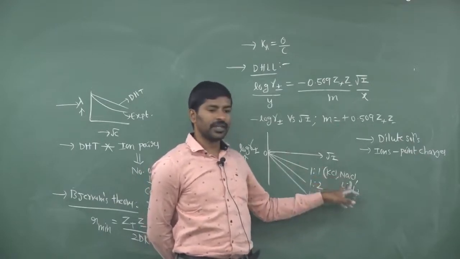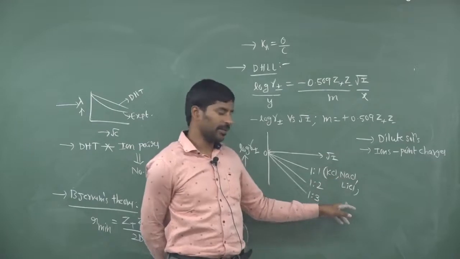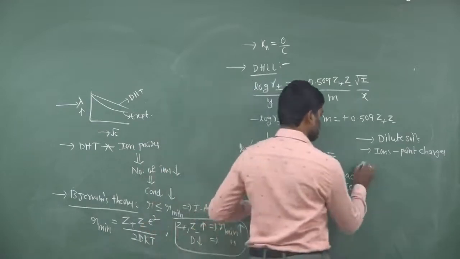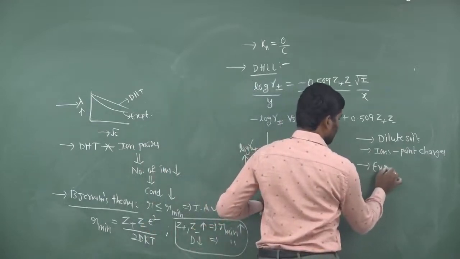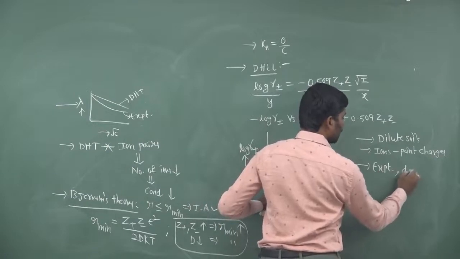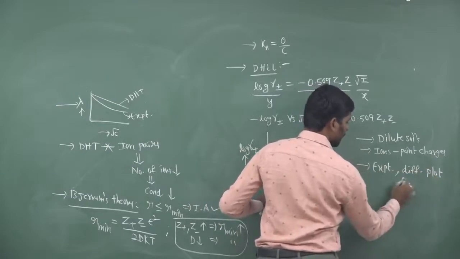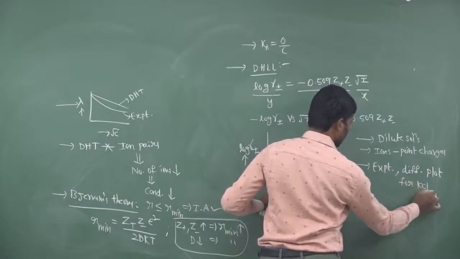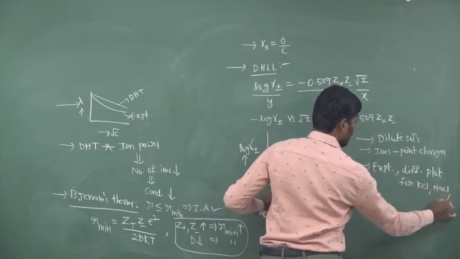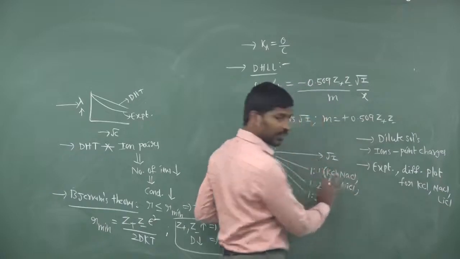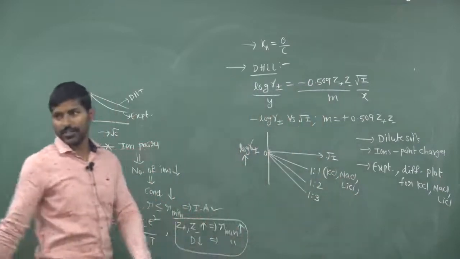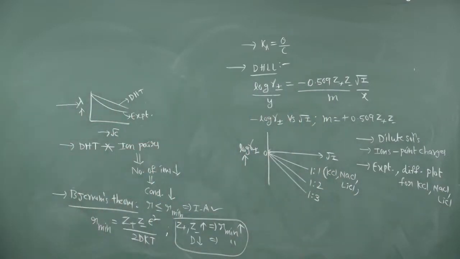Experimentally it is observed that we get different plots for KCl, NaCl, LiCl. The nature of the plot depends on the nature of the substance also, which is not considered by the Debye-Hückel limiting law.